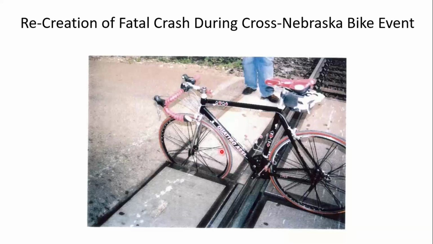And what happened, sadly, and this is a recreation, not the actual event, was in a small town in Nebraska, one of these major cross-Nebraska bike events where hundreds or thousands of bicyclists ride across the state. And notice this particular bike tire dropped into the opening here, that very narrow opening where those panels were not butted up against one another.